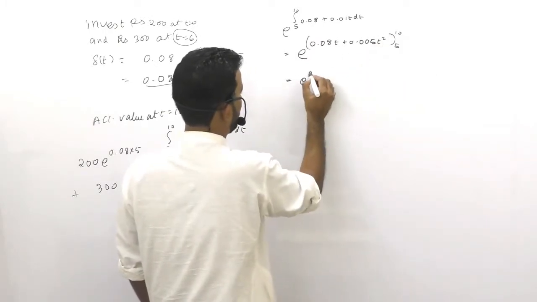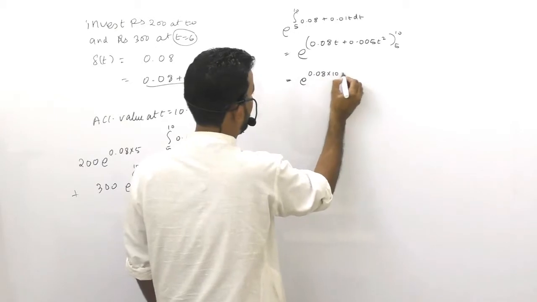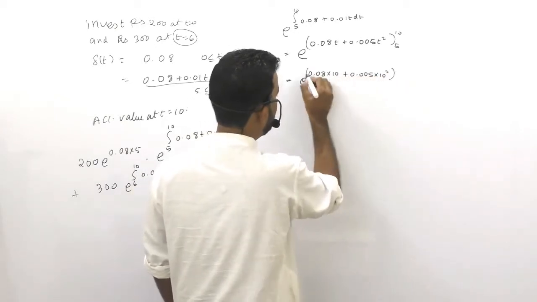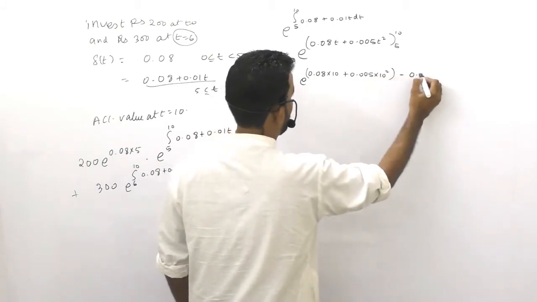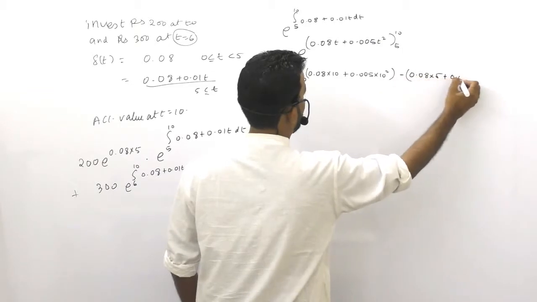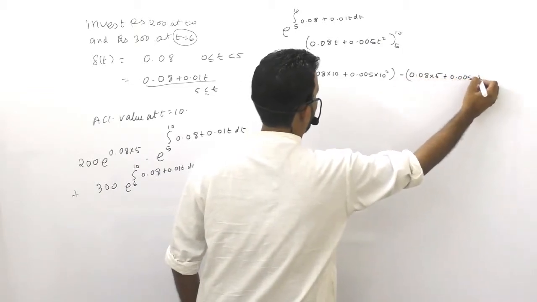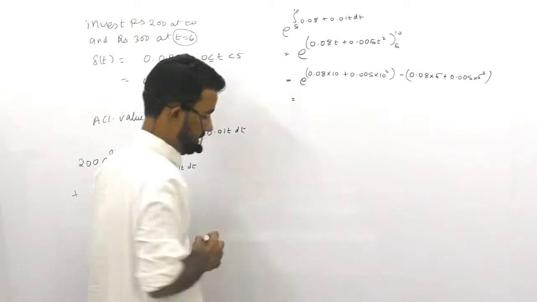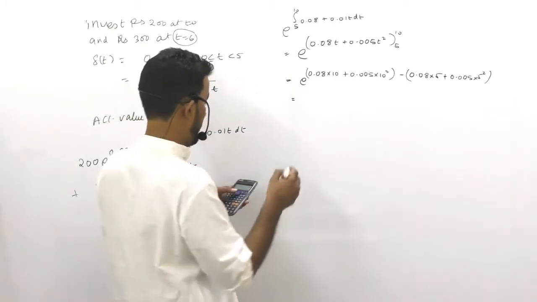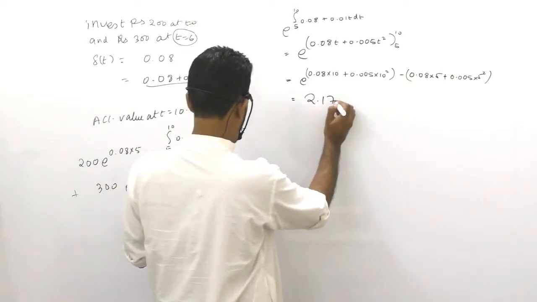So e raised to 0.08 into 10 plus 0.005 into 10 square, minus 0.08 into 5 plus 0.005 into 5 square. Let's see what the answer is. So the answer of this part is 2.170592127.